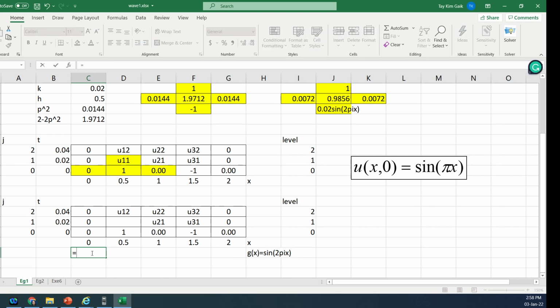So this is sin 2 times pi times x on top, which is C23.